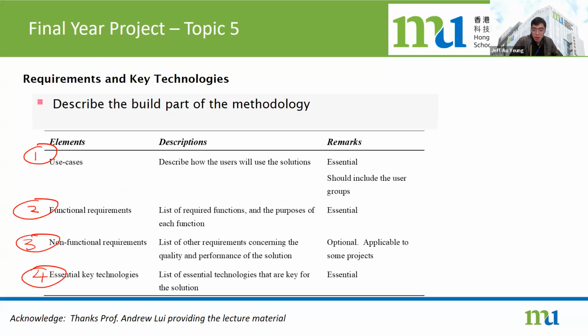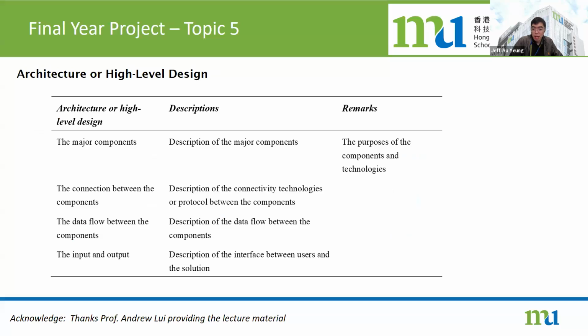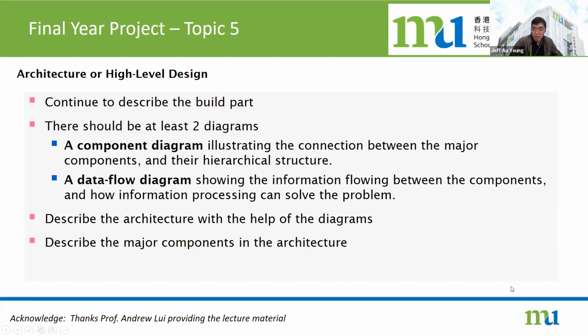Now, in the first part, I will recommend you to have at least 2 diagrams. One diagram is the component diagram, which illustrates the connections between the major components of your project. So this is called the component diagram.